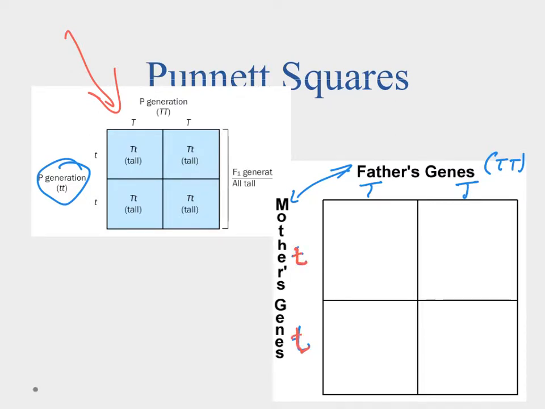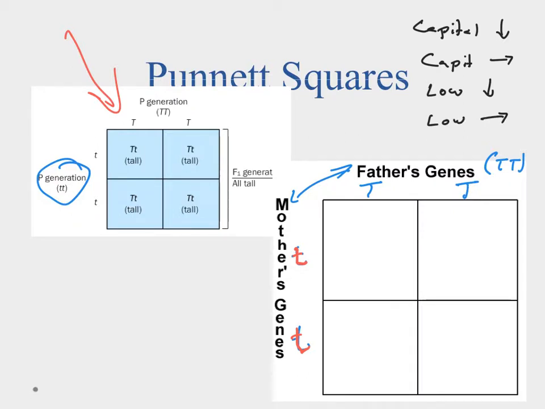Now, the order of filling in a Punnett square is, by standard, you take your capital letters first and fill down, then your capital letters and fill across, then your lowercase letters down, and then finally your lowercase letters across. So we'll fill it out.